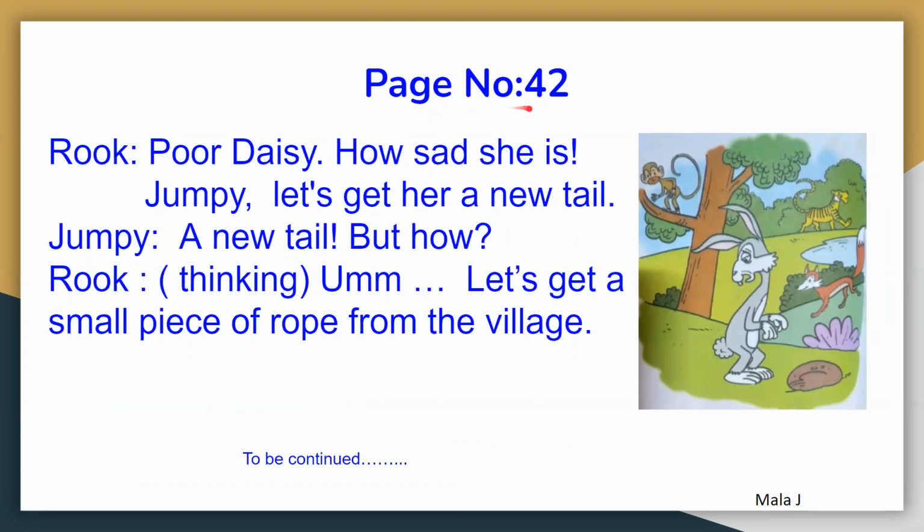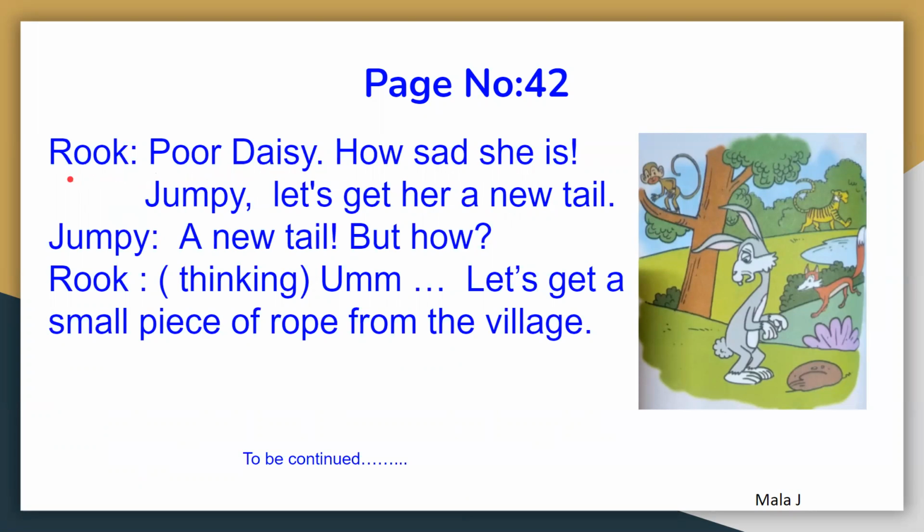Page number 42. Rook. Now come on, tell me who is Rook? Yes, Rook is the crow. Poor Daisy, how sad she is. Jumpy, let's get her a new tail.